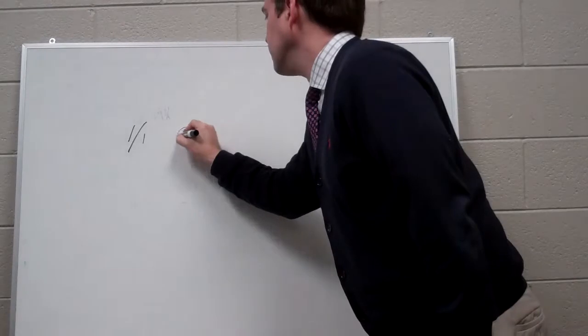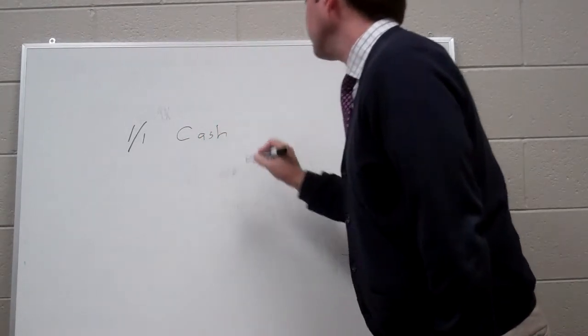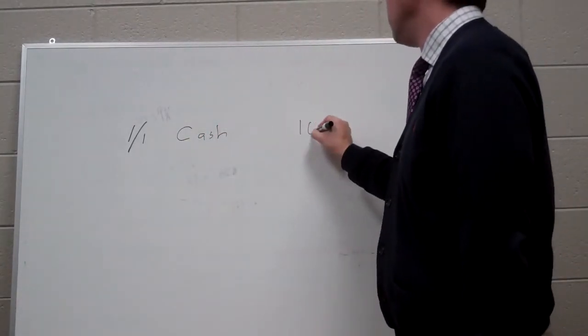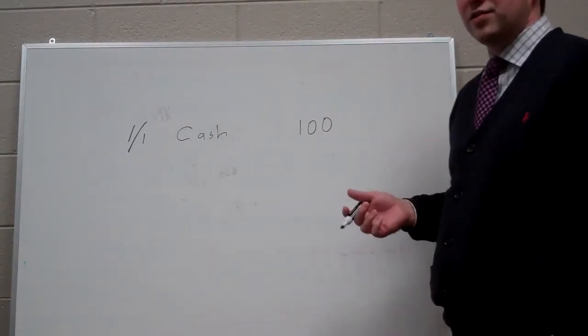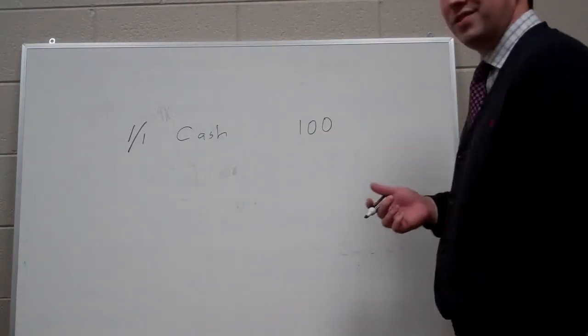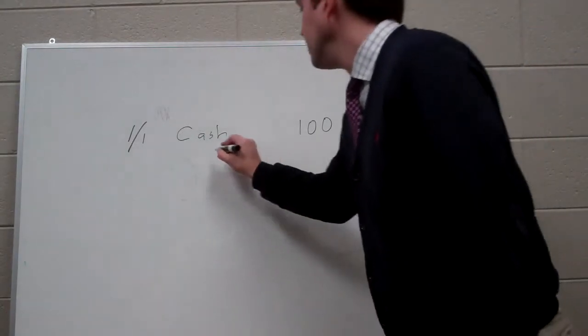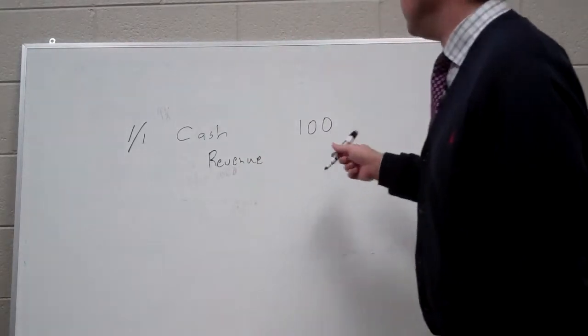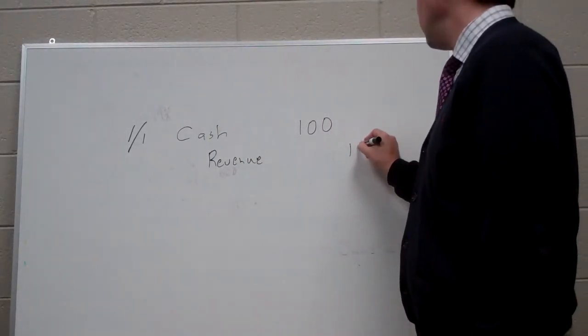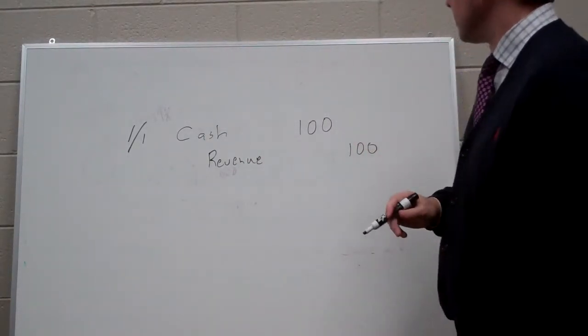In that case, we're going to debit cash. Cash increases on the debit side for the $100. And we did this by providing a service or selling a product or whatever we're in business to do. So we're going to credit revenue. Because revenue is also increasing. Revenue increases on the credit side, $100.